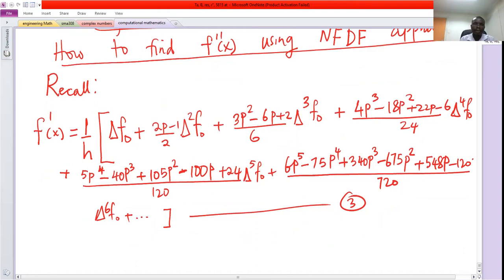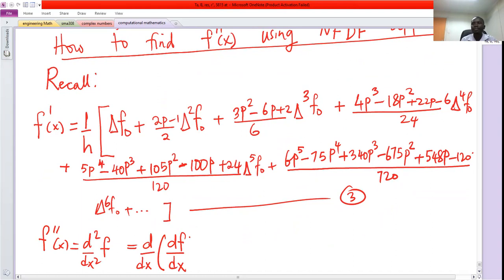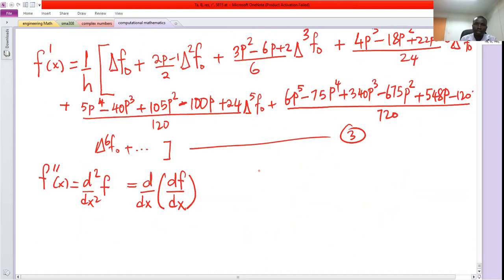So we know that from calculus, f double prime of x is the same as d squared by dx squared of f, which is the same as d dx of df dx. But df dx is the same as 1 over h df dp, from what you have done in the previous class.